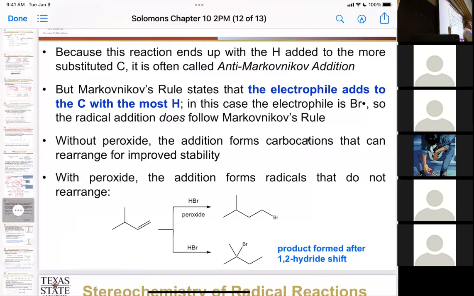If you want the tertiary alkyl halide, that's great. But if you don't want it to rearrange, add some peroxides. It changes the mechanism. Your bromine is going to add on the least substituted carbon, and then radical abstraction gets your hydrogen back on your number 2 position. So it seems backwards, but it's a great, powerful tool to get to your primary alkyl halides.